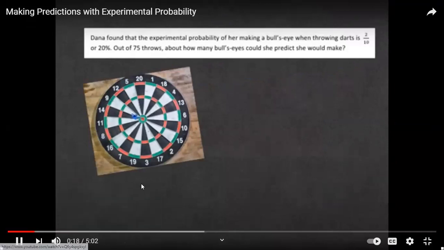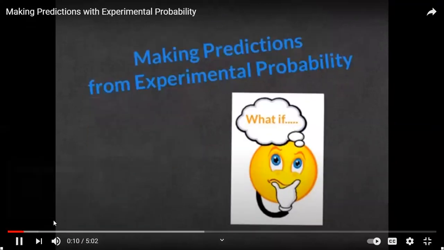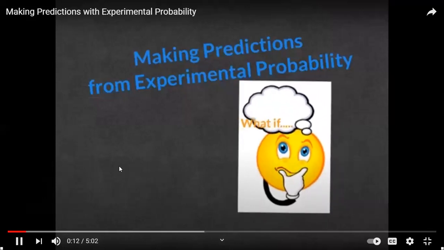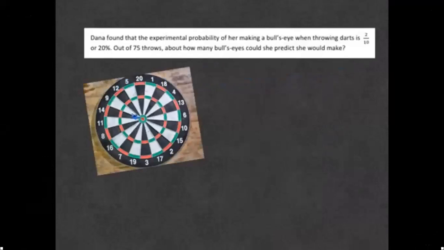The first example we're going to look at, we're going to think, what would happen if? Dana found the experimental probability of her making a bullseye when throwing darts is 2/10, or 20%. So she makes a bullseye 20% of the time.